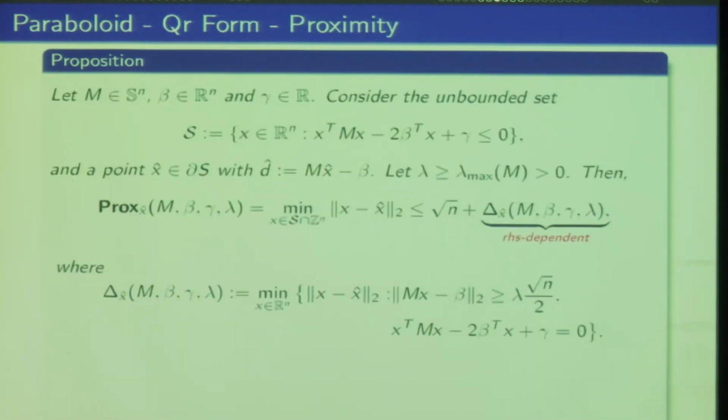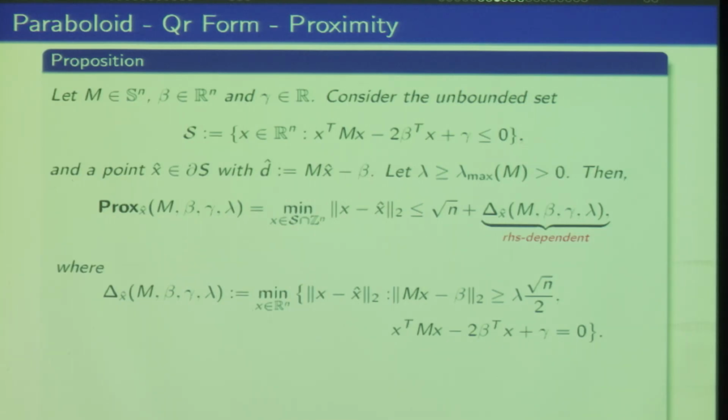All right, so for paraboloid, this is a proposition which is more general. Here we are looking at a set S, which is unbounded but defined by a quadratic, so potentially this is non-convex. A parabola can be written like this, by the way.